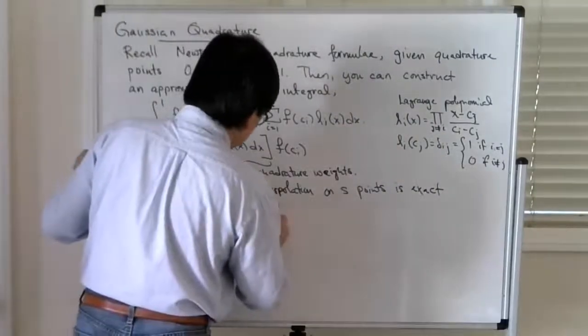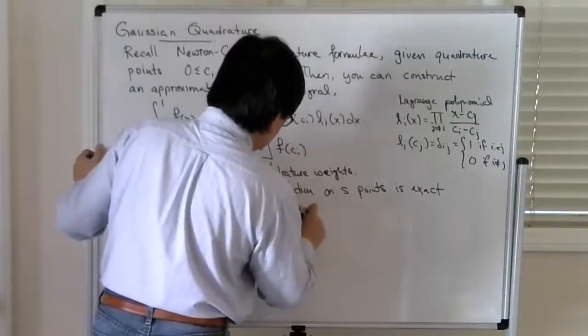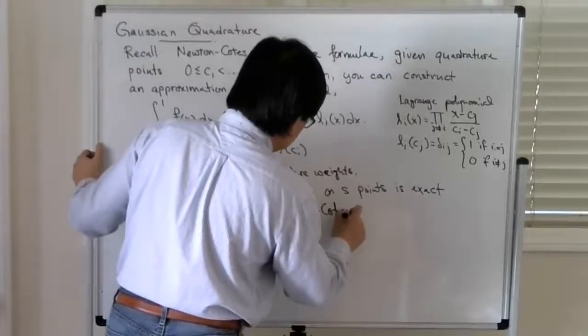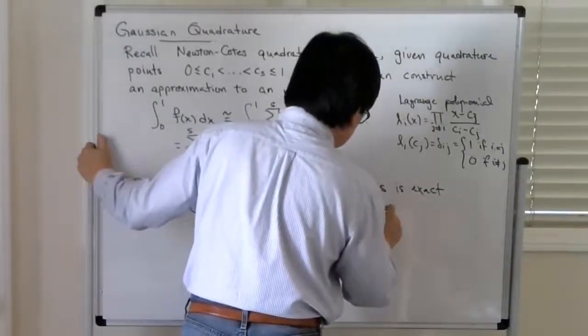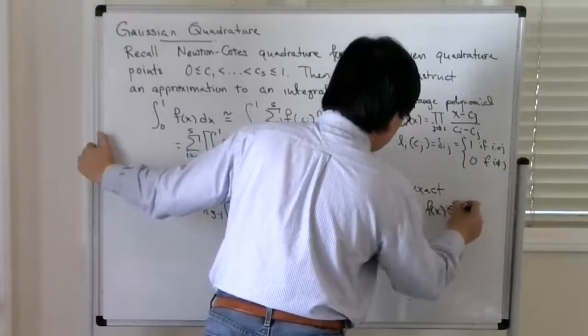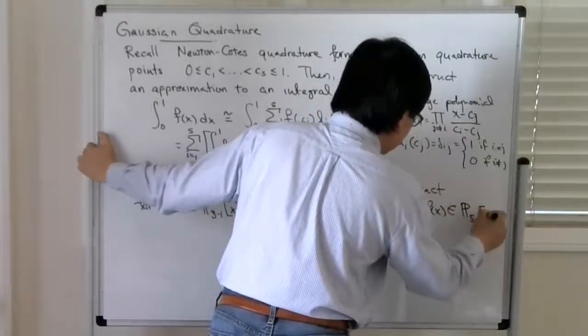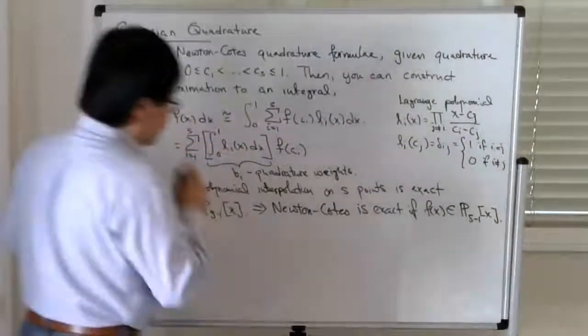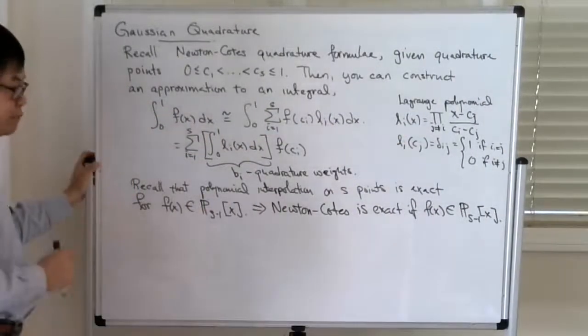So in particular, Newton-Cotes is exact if f of x is in the space of polynomials up to degree s minus 1. Okay, so that's just a brief recap.